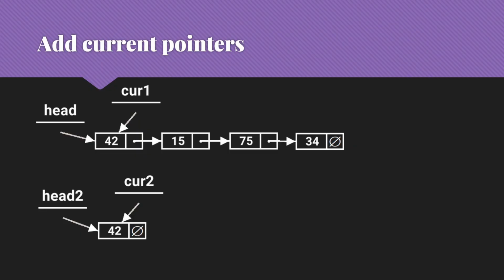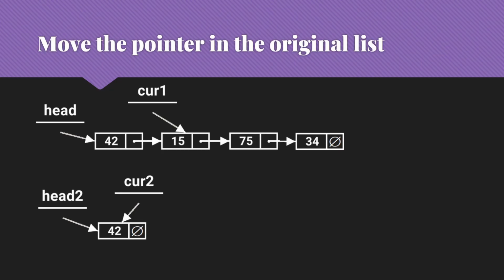We're going to set these up to be pointing at the first node, but then we actually need to move cur1, the pointer in the original list, on to be at the next node. We can shortcut that and just set it up to be head's next instead of head to begin with.